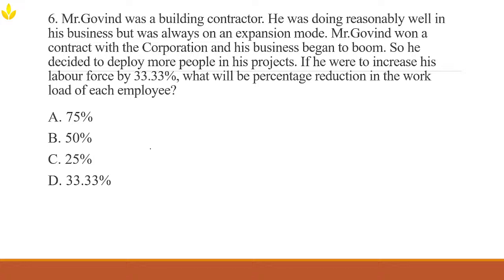So, just for example, if we consider there are 100 laborers, and for all these 100 laborers, let us consider there are 100 units of work to be completed. So that means one laborer completes one unit of work.